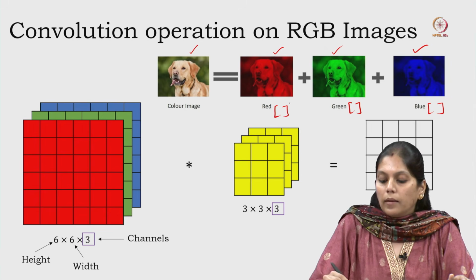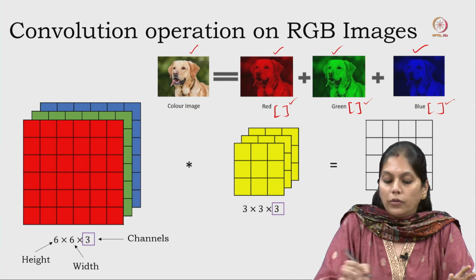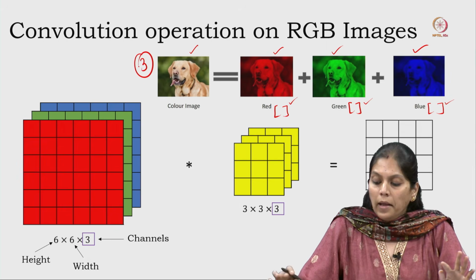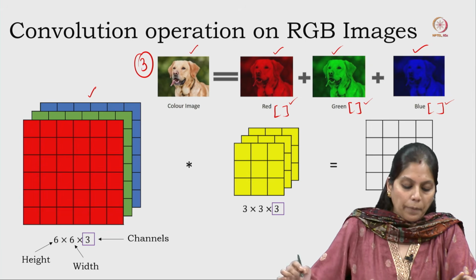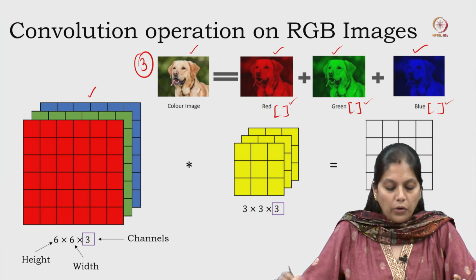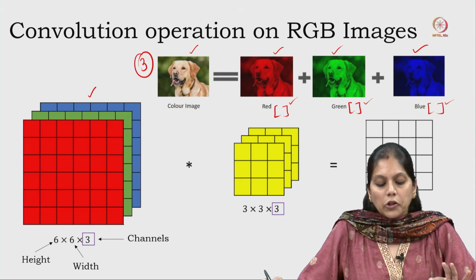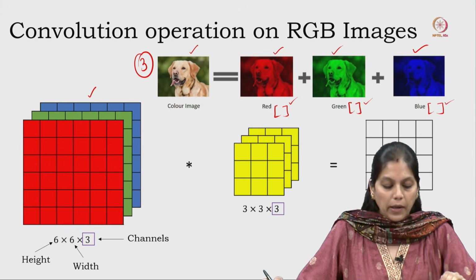Since there are 3 matrices, we say the number of channels for RGB is 3. Those 3 matrices are what you are seeing here, one each for red, green and blue. This is the matrix representation of an RGB image.